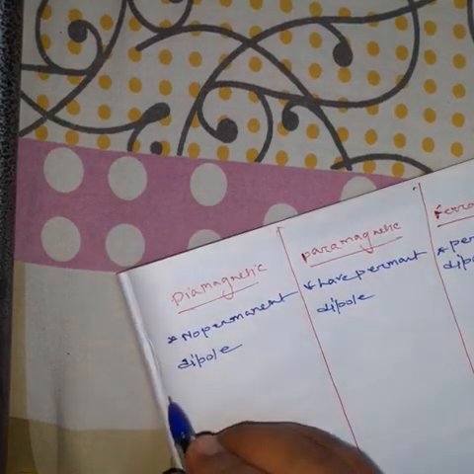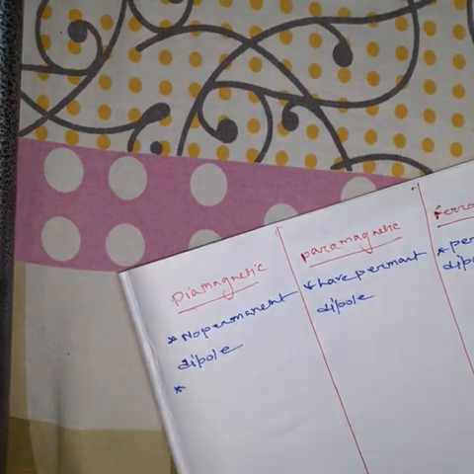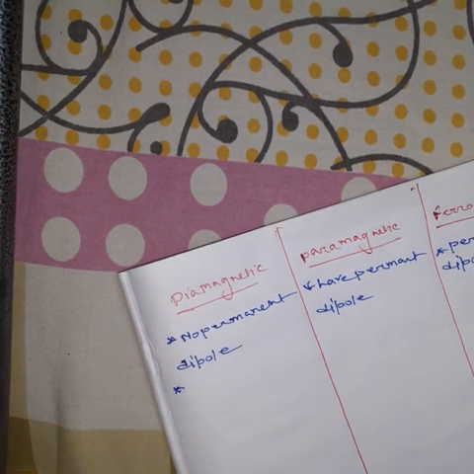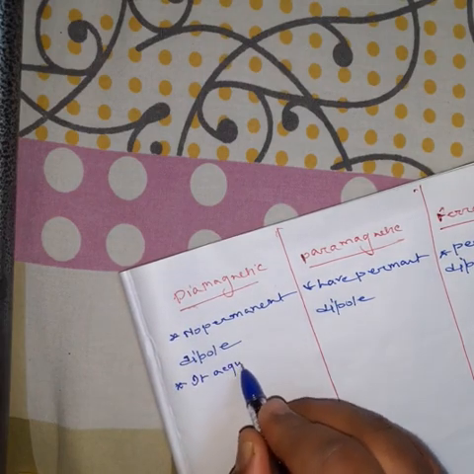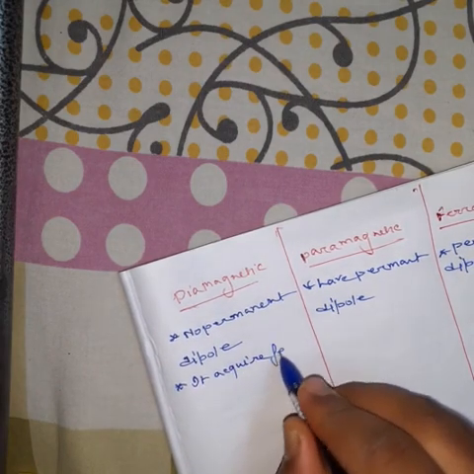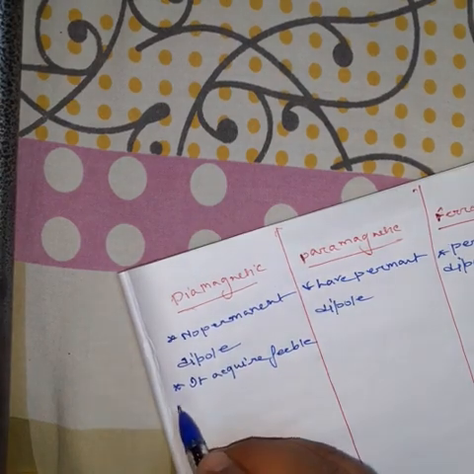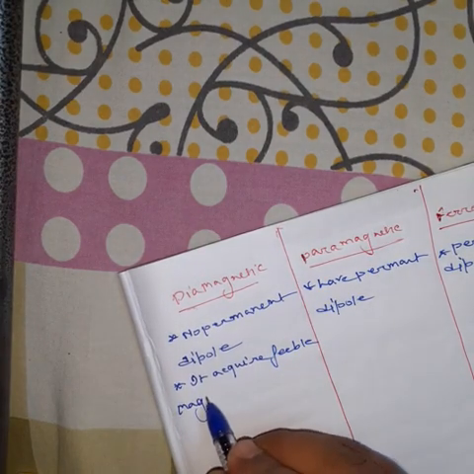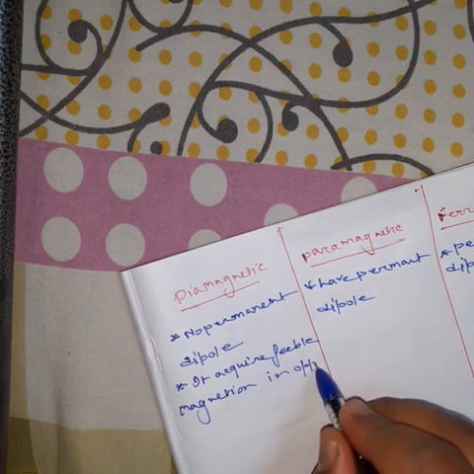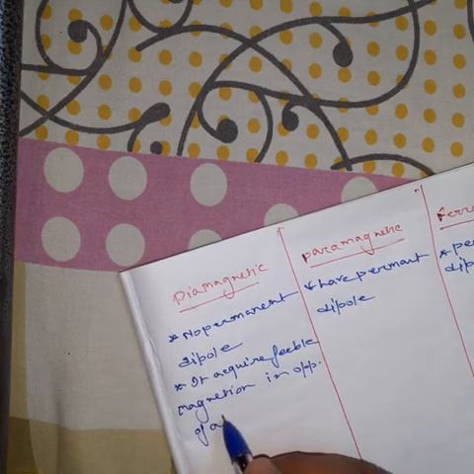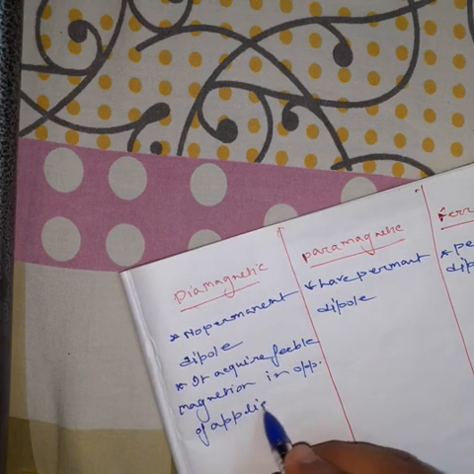If I place a diamagnetic material in a magnetic field, what happens is that it acquires a feeble magnetism in the opposite direction of the applied field, and this is very interesting.